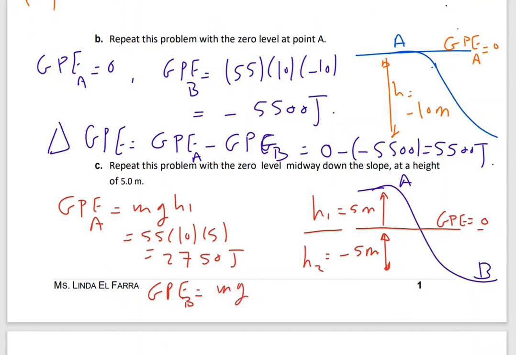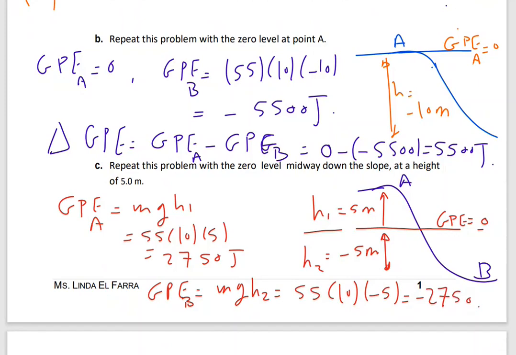gravitational potential energy at point B is mg times h2. Mass is 55 times 10 times the height down, which is negative, so negative 5. And this will be negative 2,750 joules.